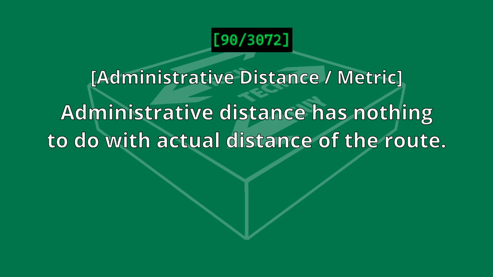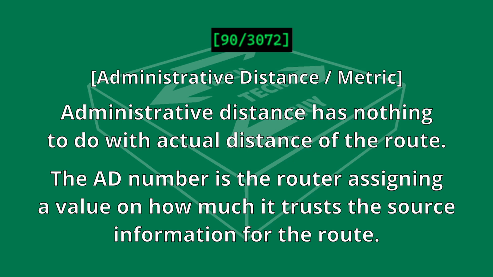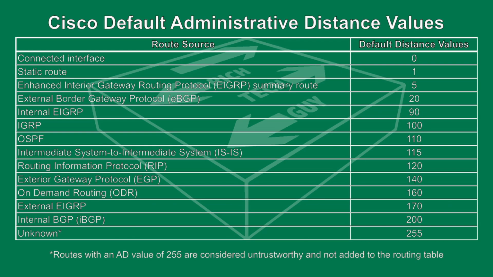Cisco routers assign an administrative distance, or an AD number, for each routing protocol. Some routing protocols get multiple AD numbers depending on how the protocol learned about the route. Here's a chart of AD values for each routing protocol.